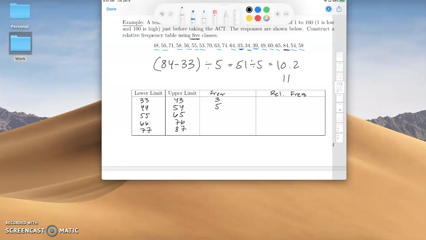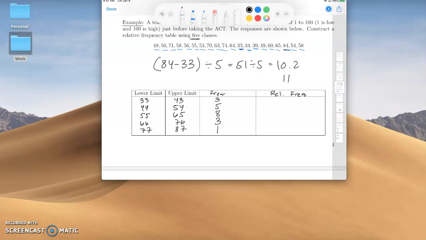So we have 8 here. Now we are looking at 66 to 76. So we have 1, 2, 3. And then for the last one, we have 77 to 87. I believe that's only 1.